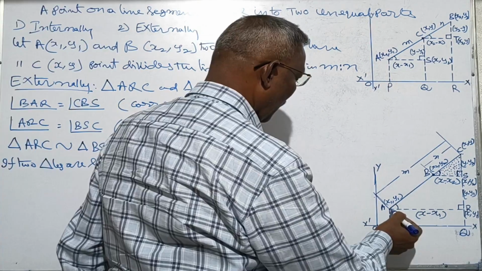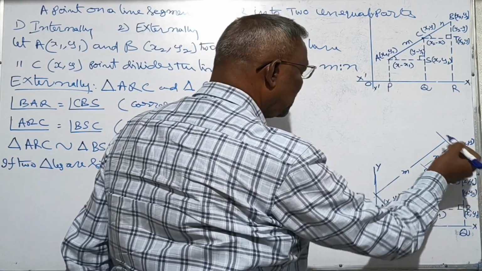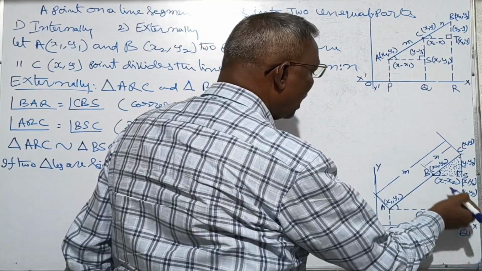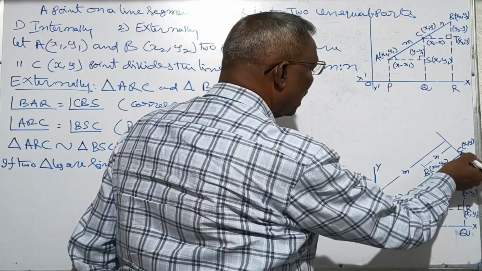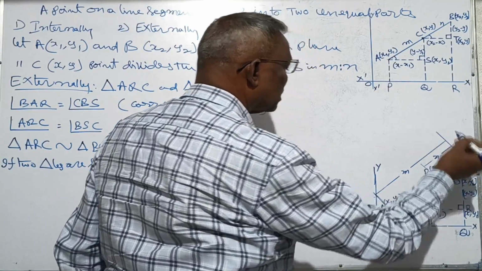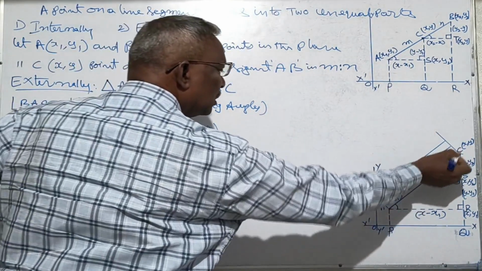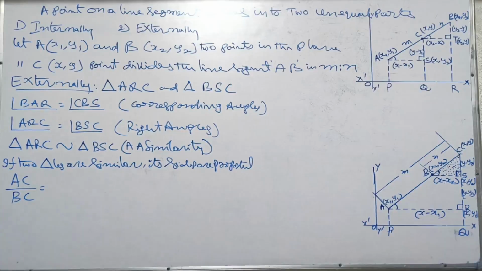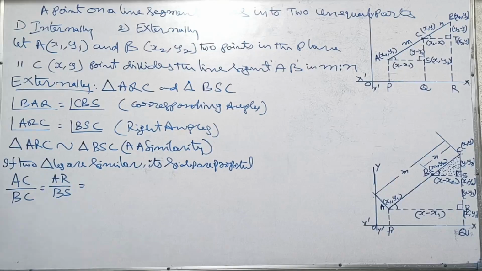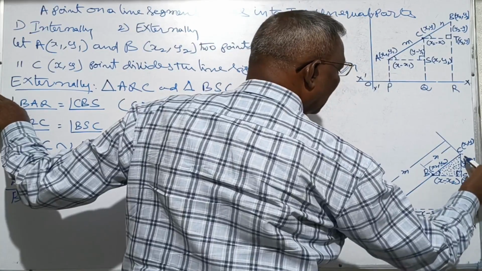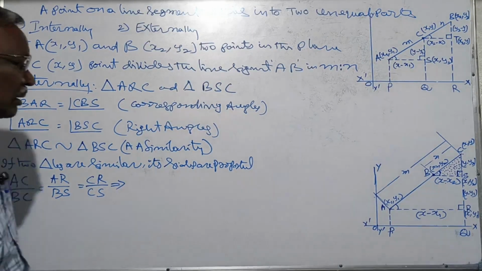So that means AC by BC is equal to AR by BS, which is equal to CR by CS.